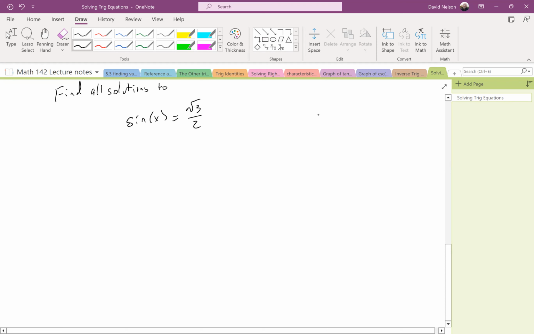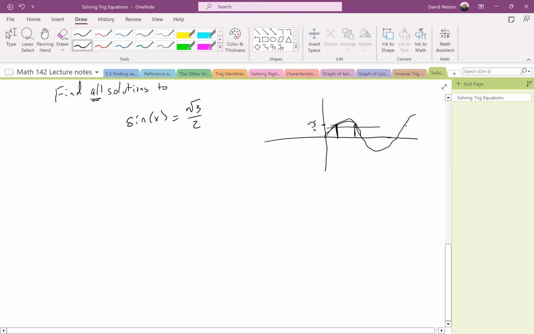So if we look at our sine wave, I've got that 60 degrees. I'm looking at root 3 over 2, and I want to find these two values here. Typically, when you're looking in a single period and trying to find all the solutions, you have to find two of them.